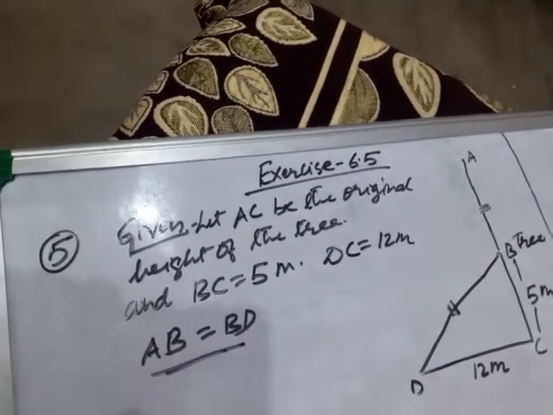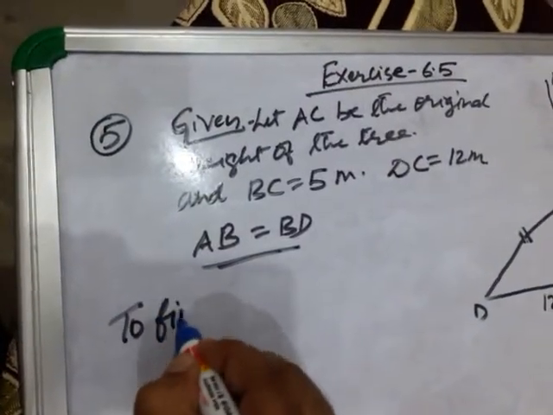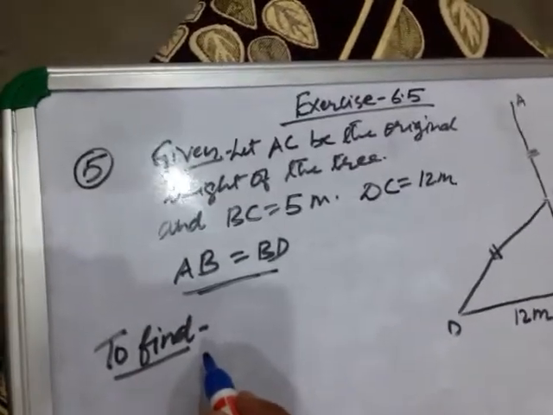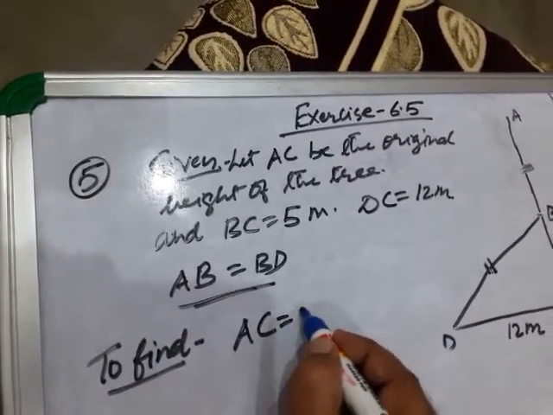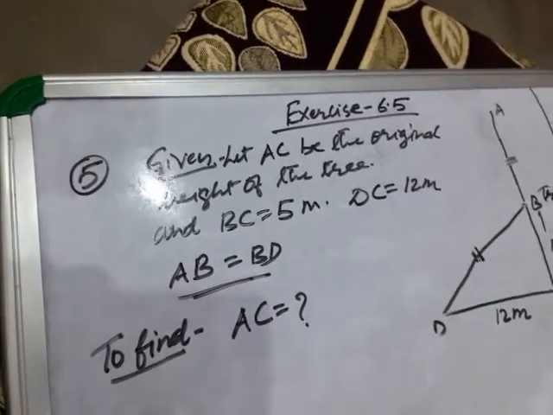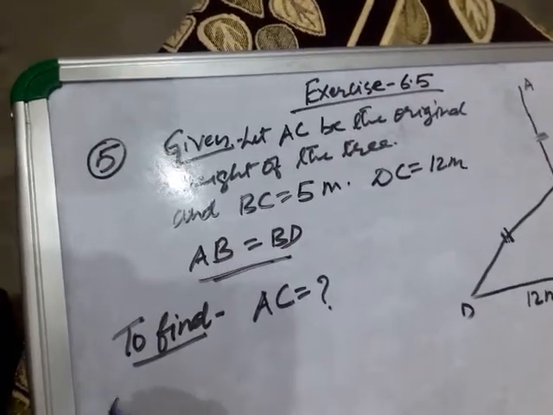Now we have to find the original height of the tree, that is AC. We have to find out here, children. Okay, now let us find the solution, that is calculation.